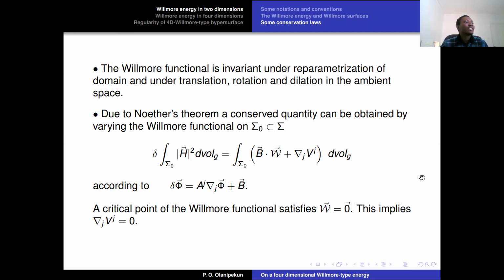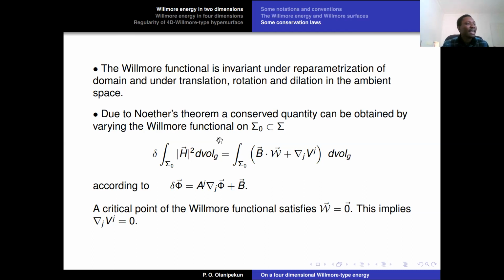Due to Noether's theorem, we can always obtain a conserved quantity when we vary the Willmore energy on just a patch of our surface, sigma. So sigma naught is just a little portion, a little patch of the surface sigma. You vary the Willmore energy, and then you obtain lots of terms.